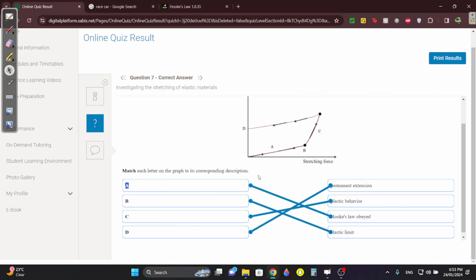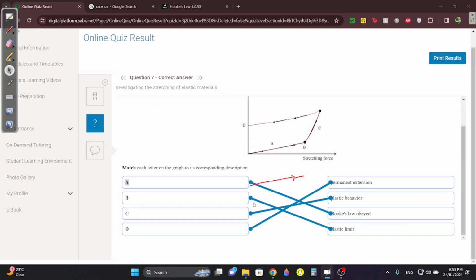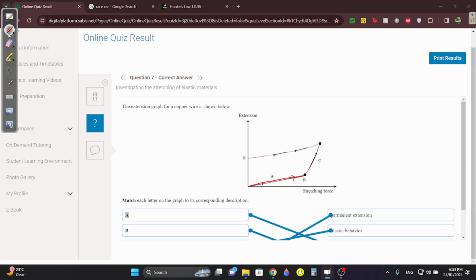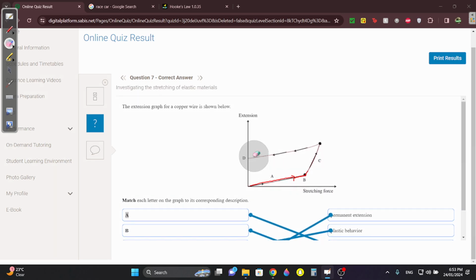So here at A, we're obeying Hooke's law until it reaches B, where B is the elastic limit. This is the limit, because after B it changed direction. Then C is the permanent extension. Why is it the permanent extension?